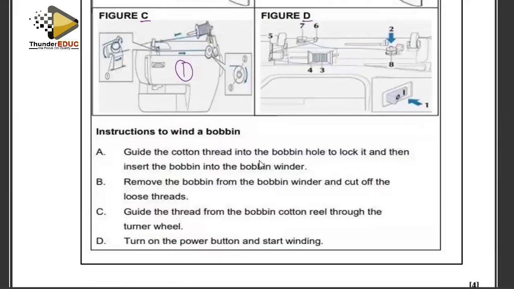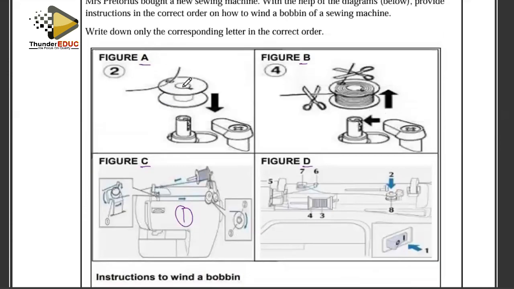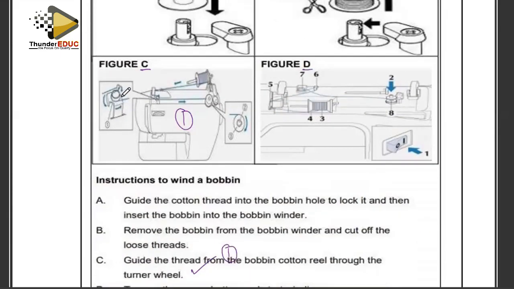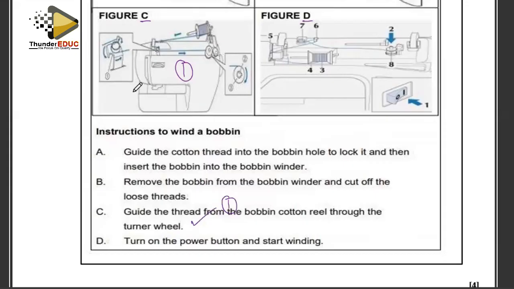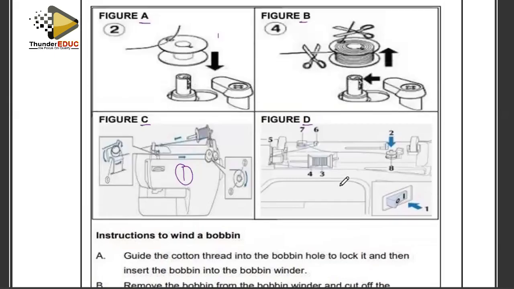Guide the thread from the bobbin cotton wool to the reel. Yes, sir. This is one. We are guiding. Actually, it's this one here. Then we have the next one: guide the cotton reel into the bobbin hole to lock it, and then insert the bobbin into the bobbin wind.